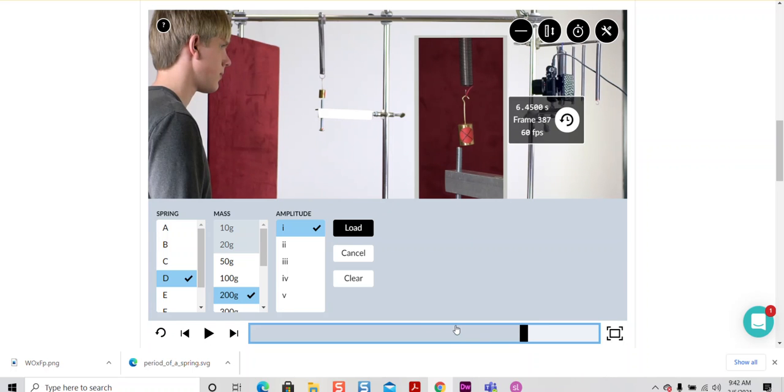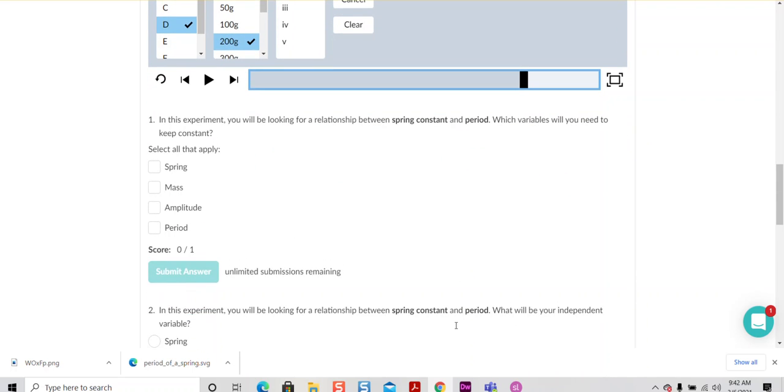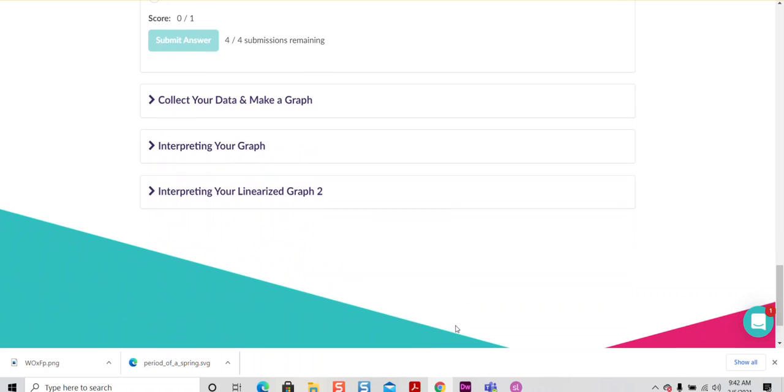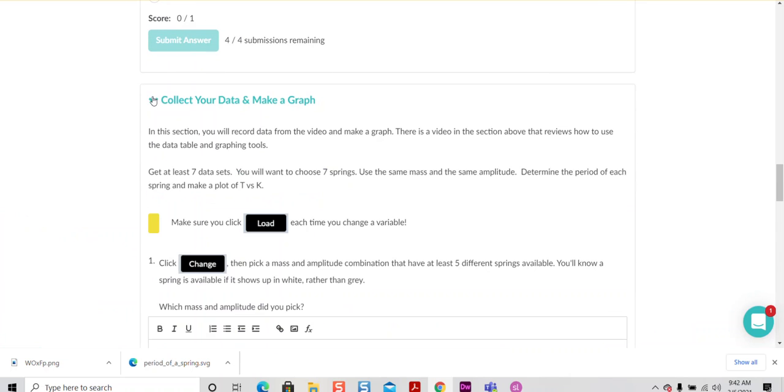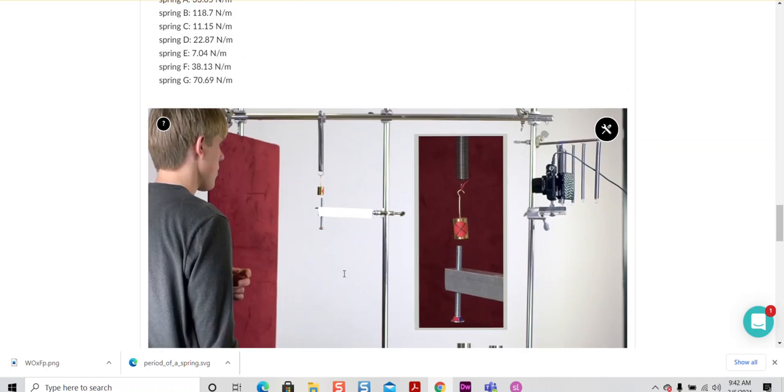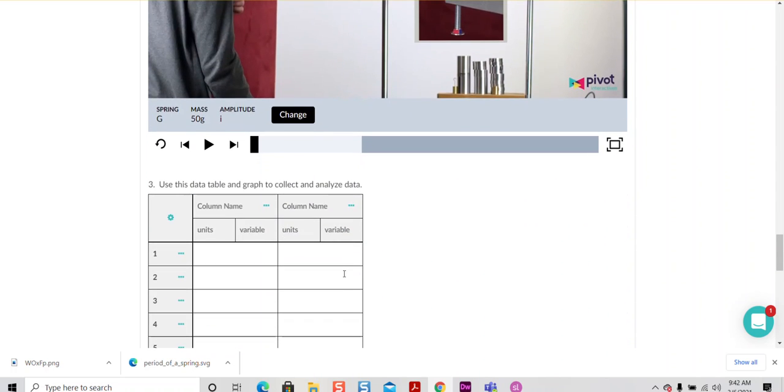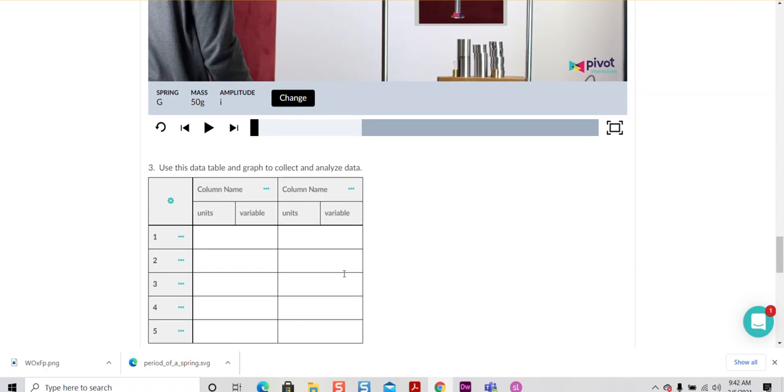So let's say that you counted it to have 16 oscillations at that time. Okay, so it started at 3.500 and ended at 6.5333. So here's what I'm going to do.